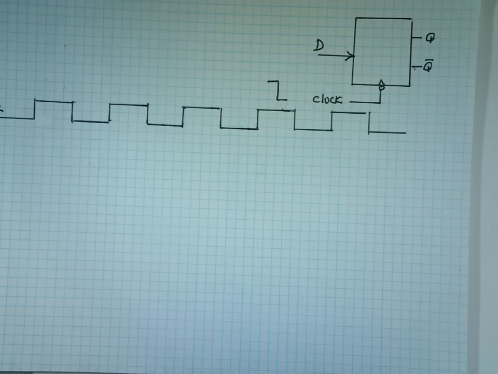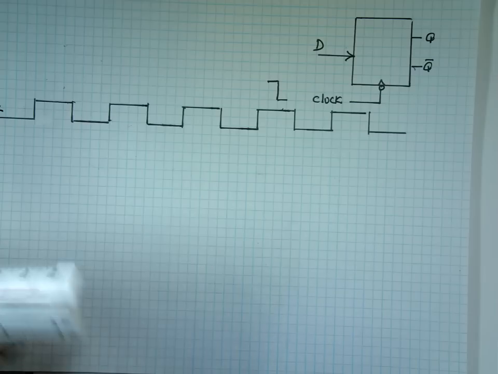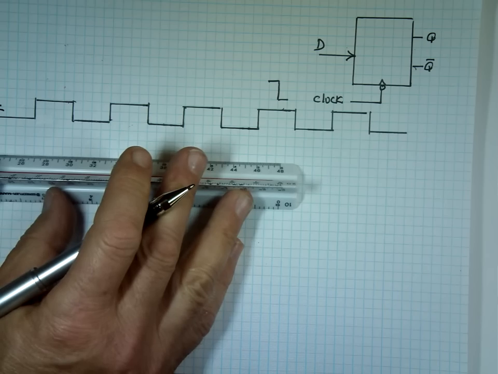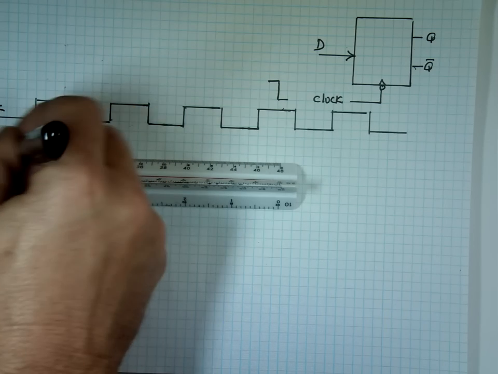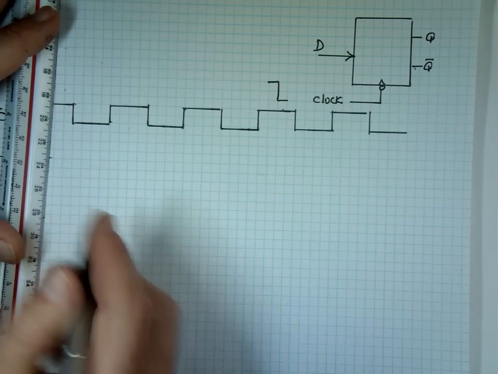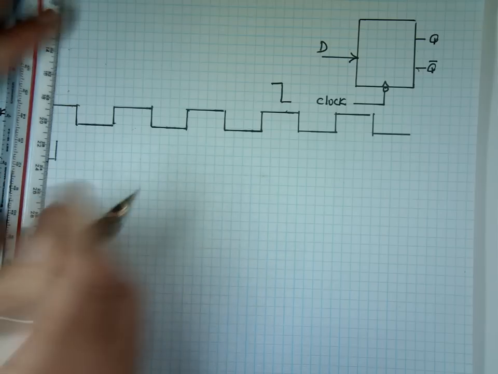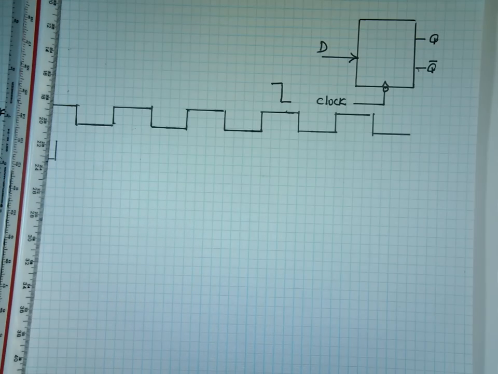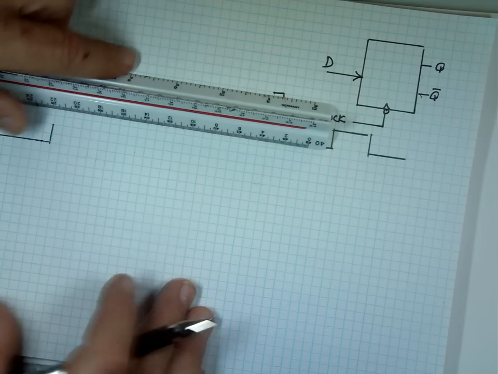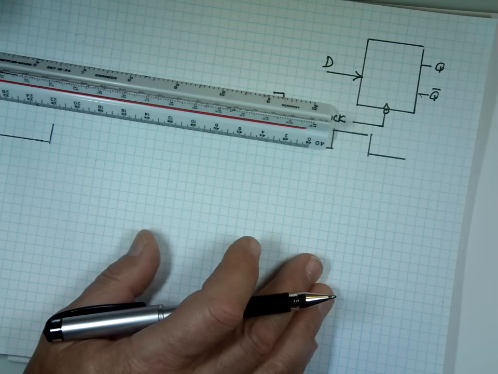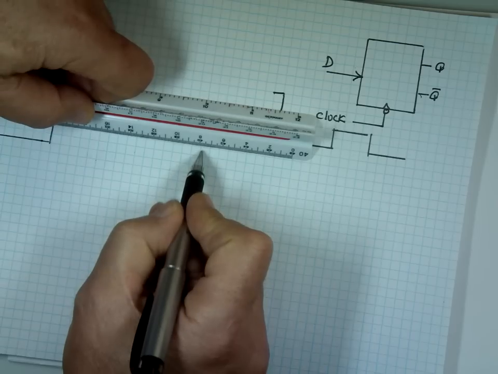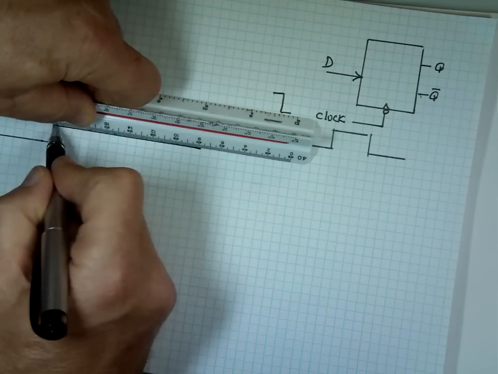Let me put values for Q. Now I'll make something up. Q has a value of 0 for a while. Then notice how far I extended it. Then it goes to 1. That's Q. And stays 1 maybe to here. Then it goes back to 0.